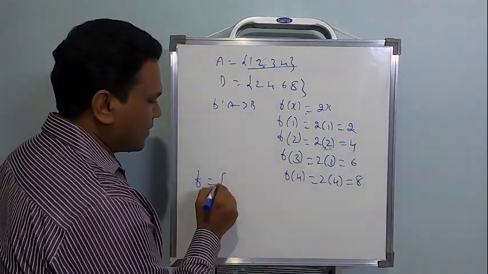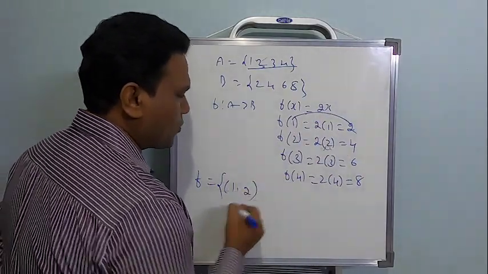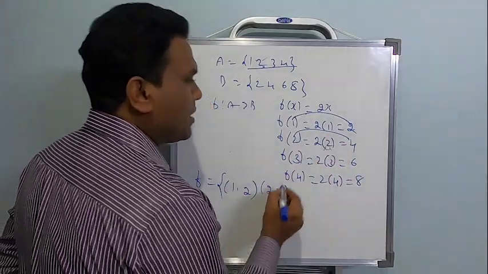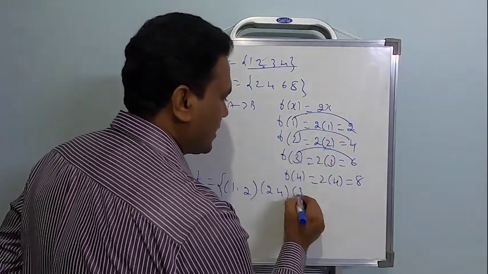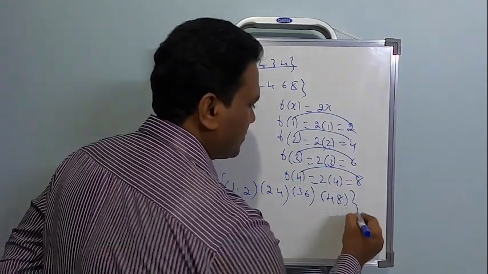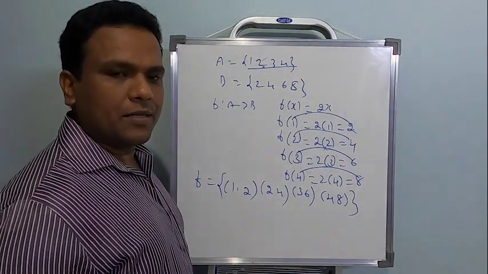So f will be given by, my first ordered pair will be 1, 2. My second ordered pair will be 2, 4. My next ordered pair will be 3, 6. My next ordered pair will be 4, 8. Right? So I have expressed f as a set of ordered pairs.